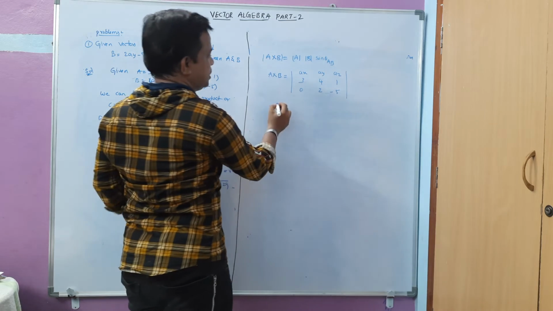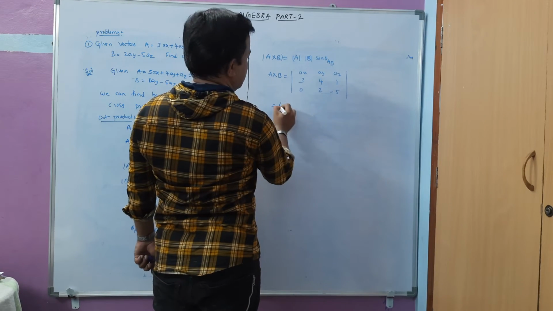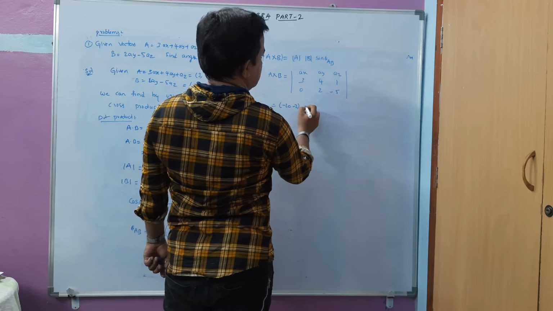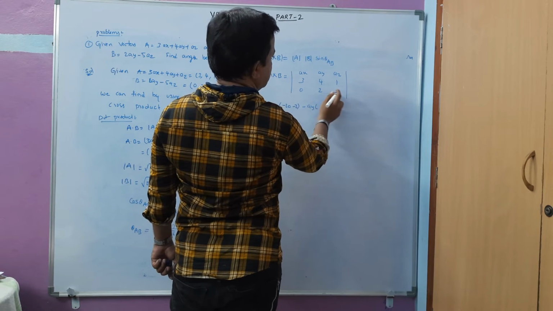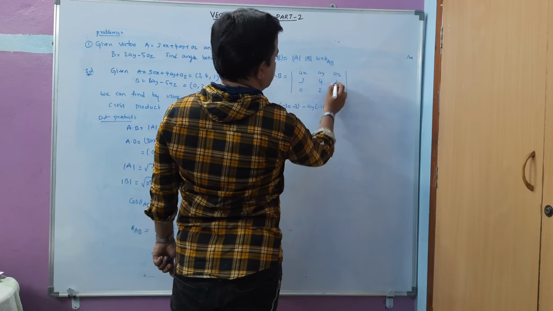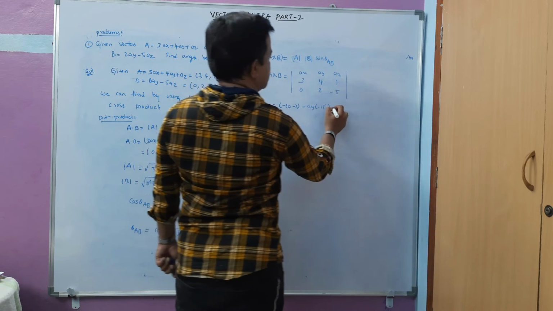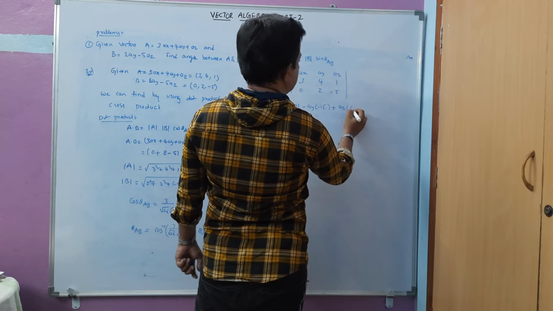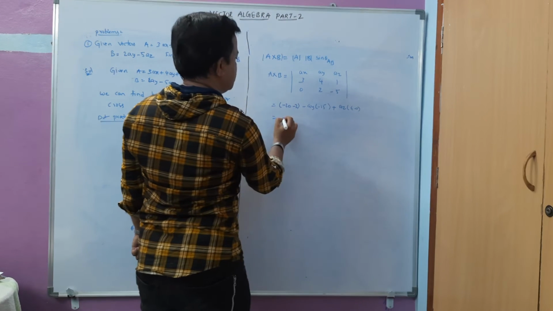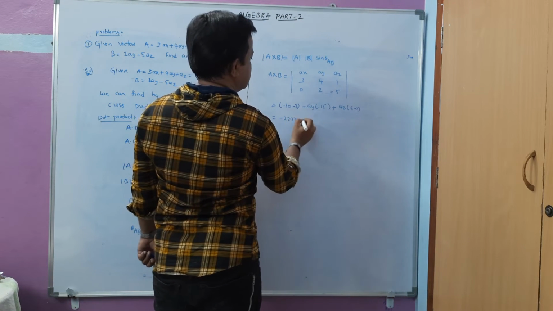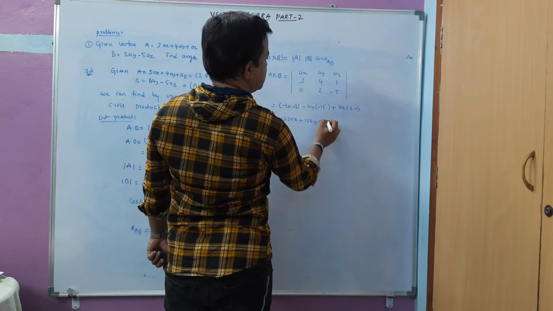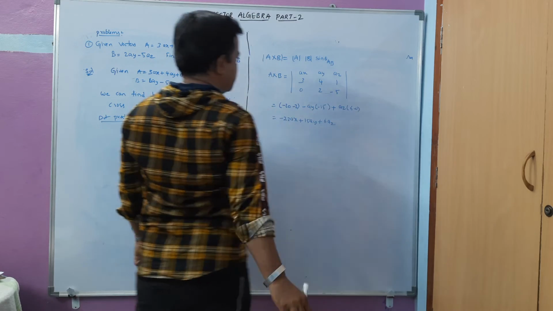Now let me perform this operation: that is minus 20 minus 2, minus ay into minus 15 minus 0, plus az into 6 minus 0. So it will give me minus 22 ax plus 15 ay plus 6 az.